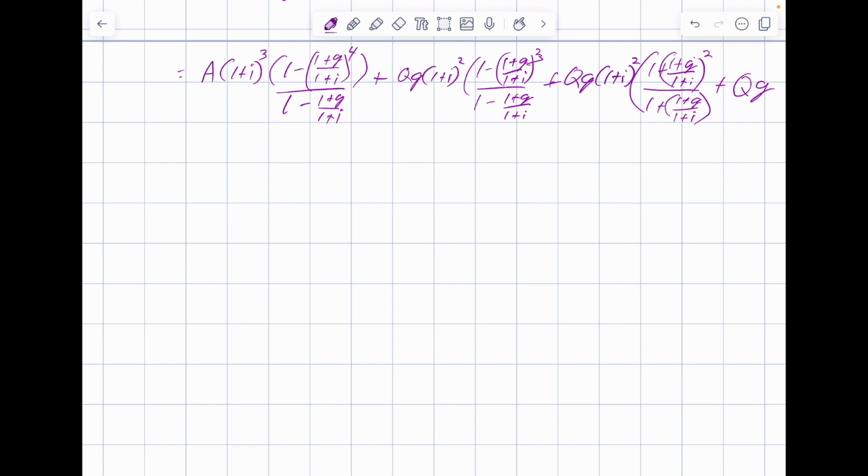Now we're going to multiply both top and bottom here by 1 plus I. So if we multiply the top by 1 plus I, that will give us 1 plus I to the fourth. We'll keep this the same.